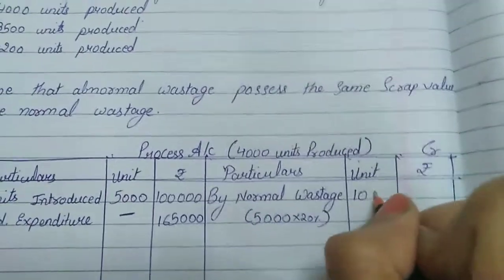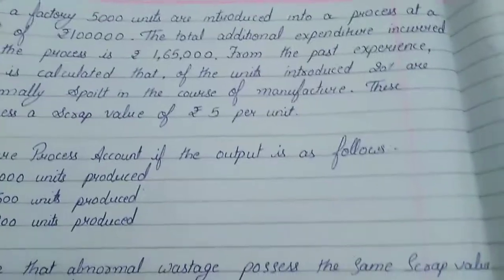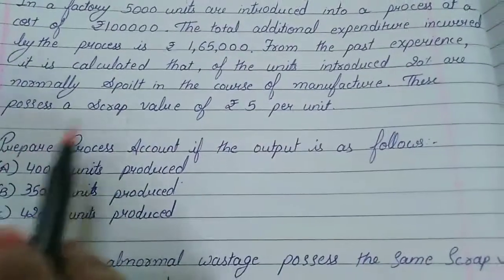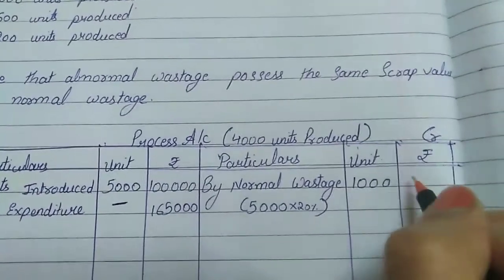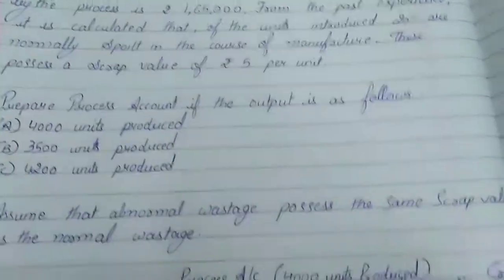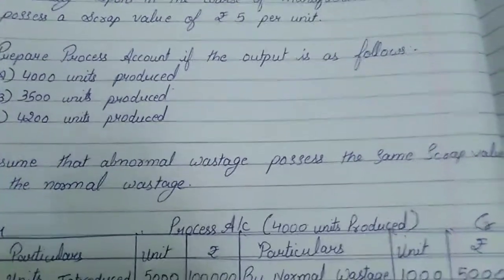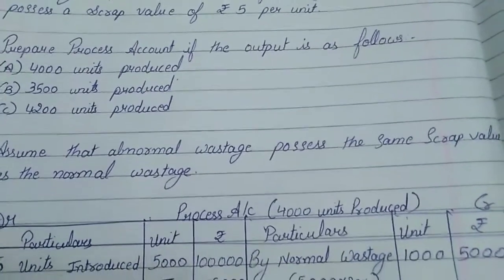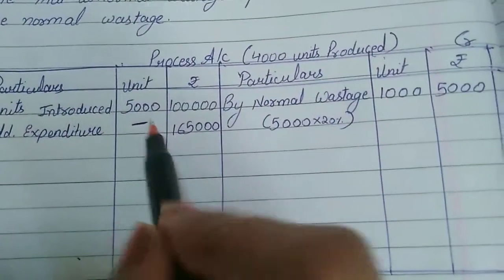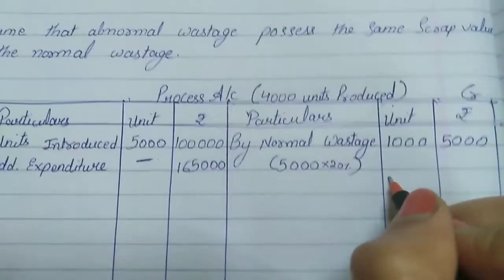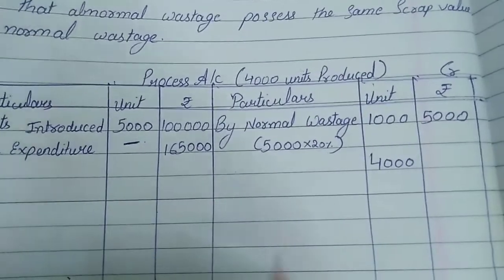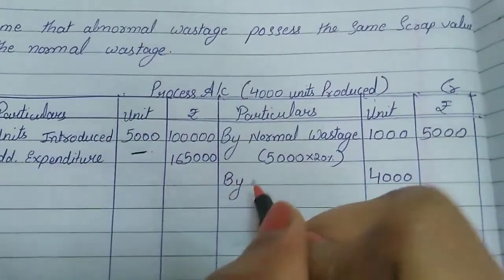Here it was further given, this possesses a scrap value of rupees 5 per unit. So 1000 into 5, that is 5000. Now it was 4000 units produced, so output should be 4000. If we calculate 5000 units introduced minus normal wastage 1000, then it would come 4000. Okay, this was by output or by transfer to another account.